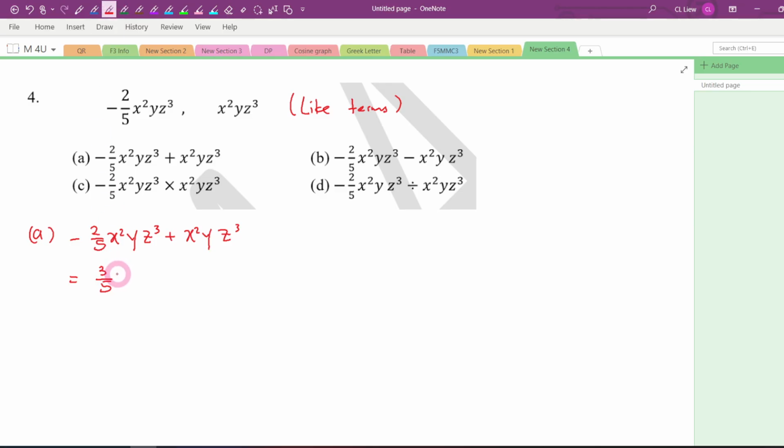And for the variable part, you just copy. How about B? Negative 2 over 5 x squared y z cubed minus x squared y z cubed. Again, if you're not sure, you can always press your calculator. Negative 2 over 5 minus 1. Negative 7 over 5.